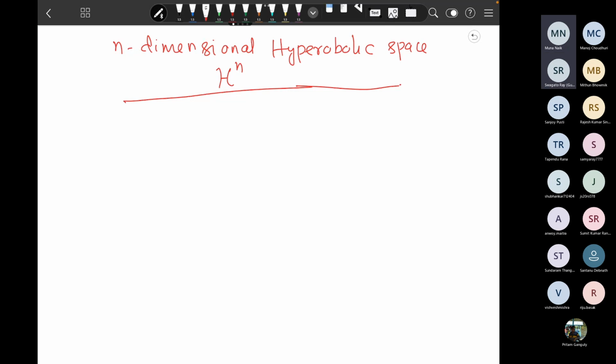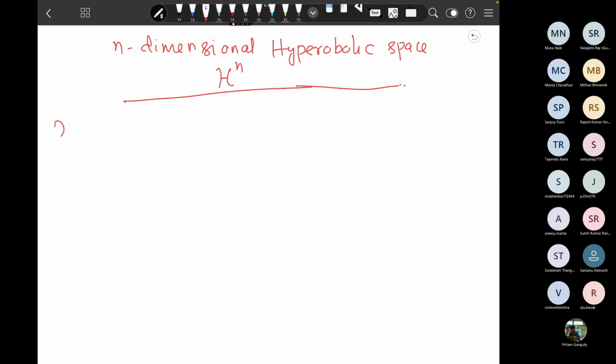You are including real, complex, everything in H^n? I will do the real one first, and then after symmetric spaces I will cover the complex and quaternionic cases. First, I will do the real case.